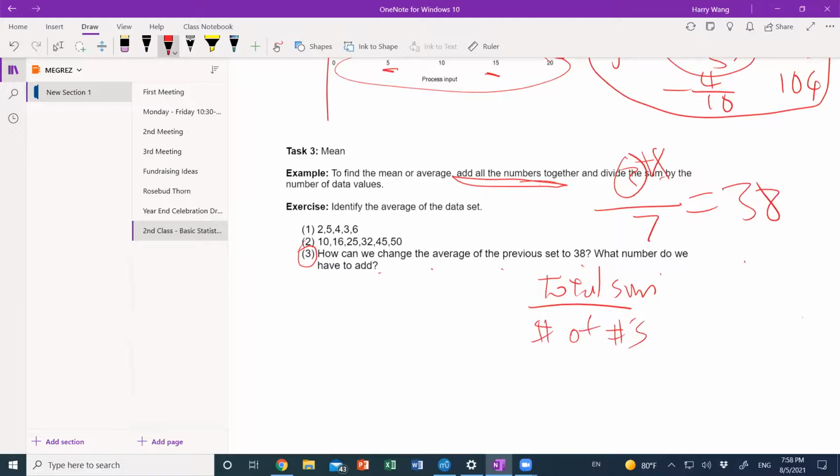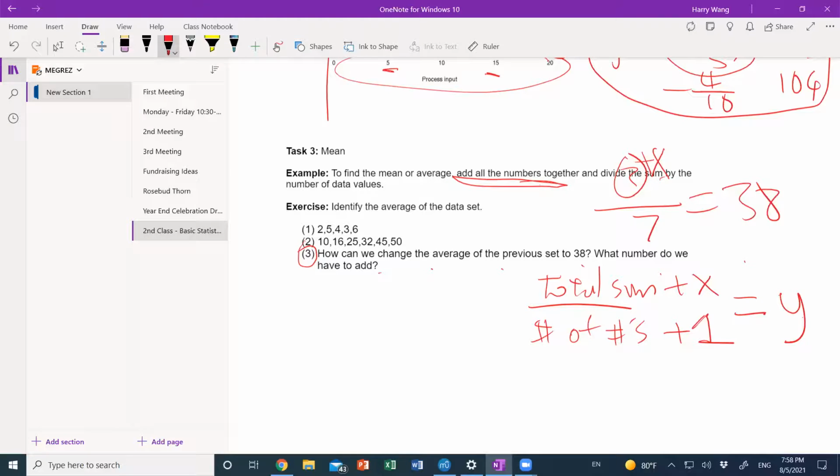Our number of numbers goes up by 1, so it becomes plus 1. And the total sum gets added by x, which is our mystery number. Because it's the number that we're adding, the total sum is now the previous total sum plus x. So it equals the average that you want to raise it to. We can denote y as the average.